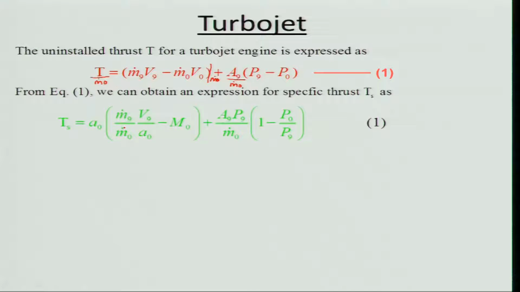I can take a0 out also, ṁ9 divided by ṁ0, and then V9 by a0. If you look at this term, it is usual, we have already derived a relationship for this, and this is your flight Mach number, minus M0, that is your flight Mach number, right.